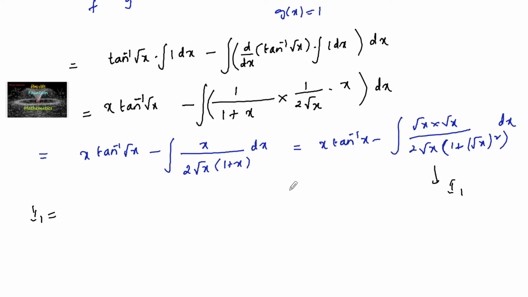So let me write first, I1 is equal to integration of, here root x and root x get cancelled, so root x dx upon 2 times 1 plus root x whole square.